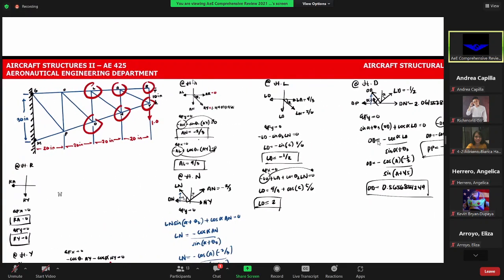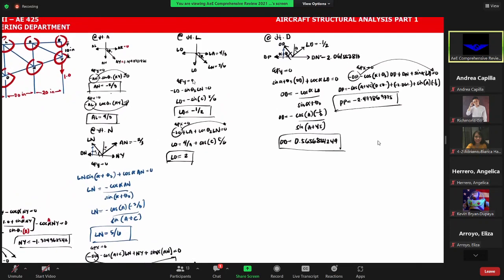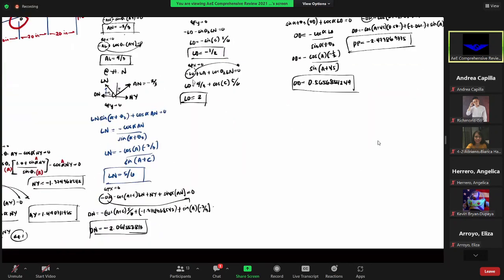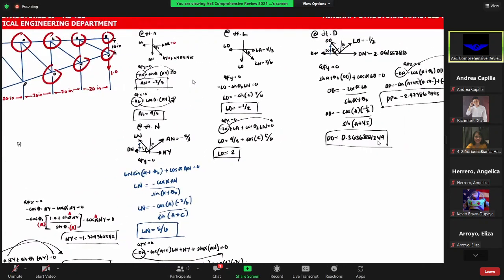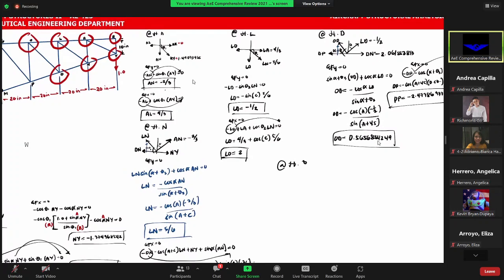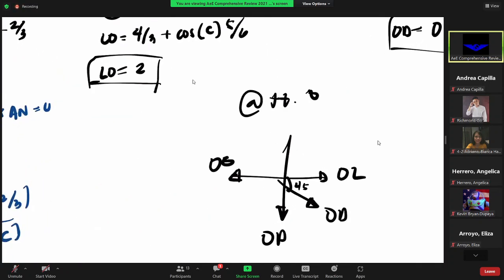Next is O. Okay? So, at joint O, ang free body diagram natin, meron tayong OL, meron akong OG, meron tayong OP, and ito is OD. Now, ano to? This is yung 45 or theta sub 3.